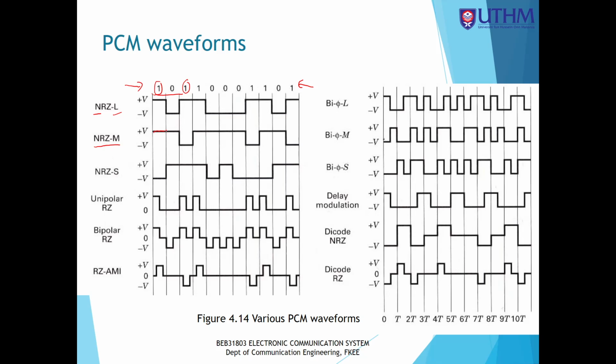And then the next input adalah logic 0. So no change, tidak ada perubahan. The next bit is 1. So berlakunya proses perubahan voltage menjadi negatif. And then the next bit is 1 again. So dia akan bertukar menjadi positif. The next bit is 0, so no change. And then input bit 1 berlakunya perubahan negatif output voltage dan seterusnya.